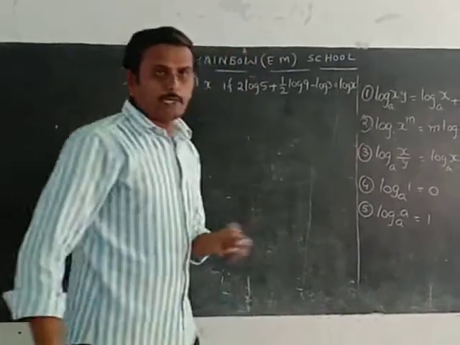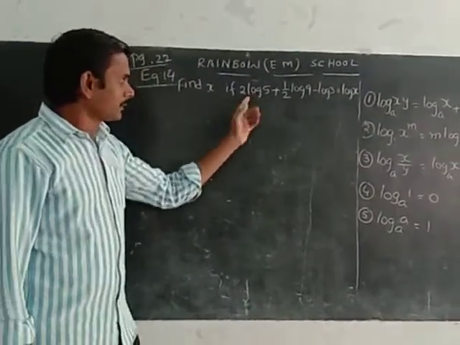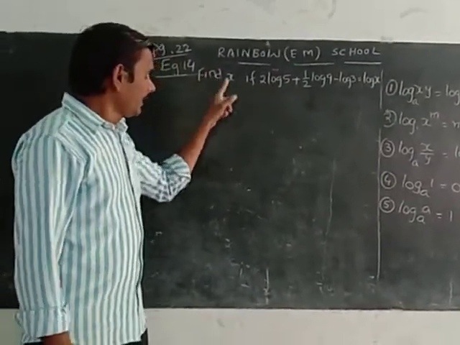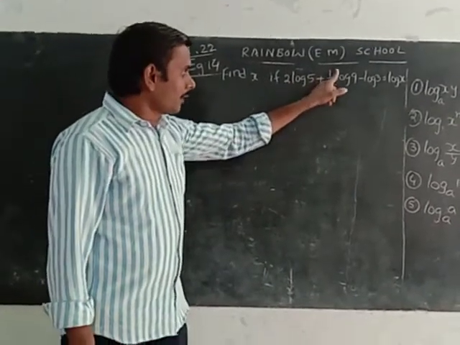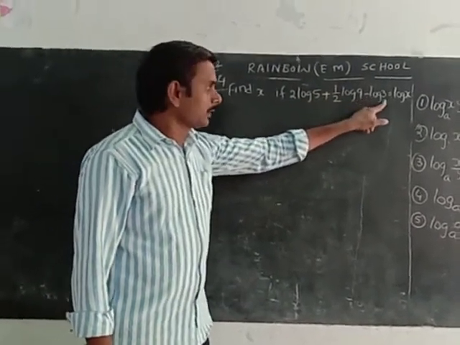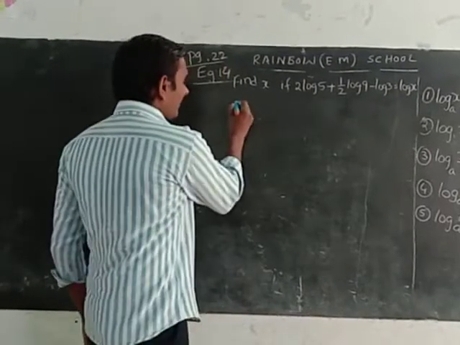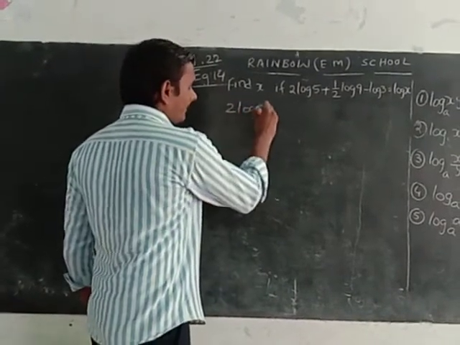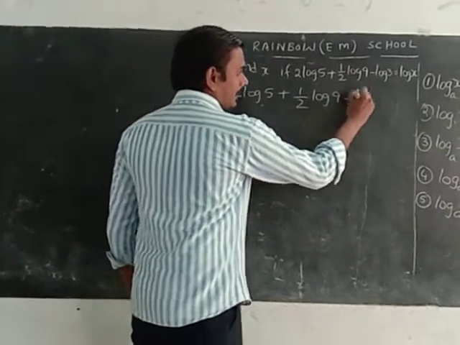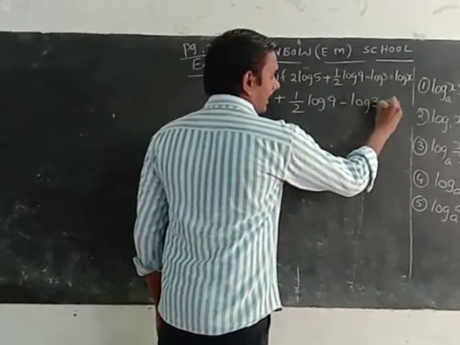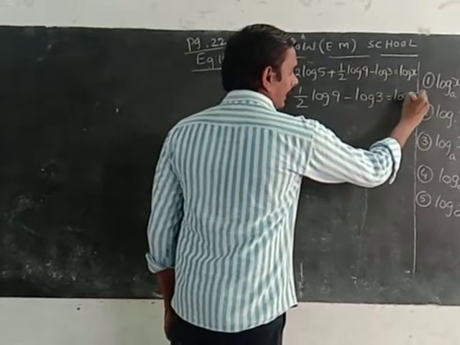We want to find the x value by using this one. So the given question is: find x if 2 log 5 plus 1 by 2 log 9 minus log 3 equals log x.